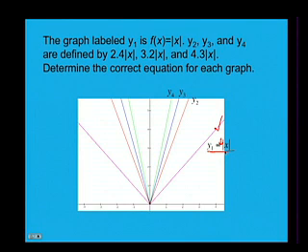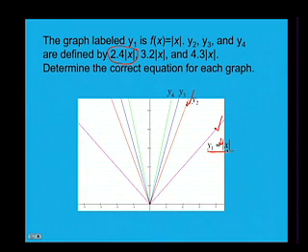Now, what we just learned is that when you put a coefficient in front of the absolute value of x, we're going to get a vertical stretch. And the stretch depends on the size of your coefficient. So for this first one, y sub 2, that actually is going to be 2.4 times the absolute value of x. And the reason for that is this one is the one that has been stretched a little bit more than the original, but there are two other graphs that have been stretched even further.